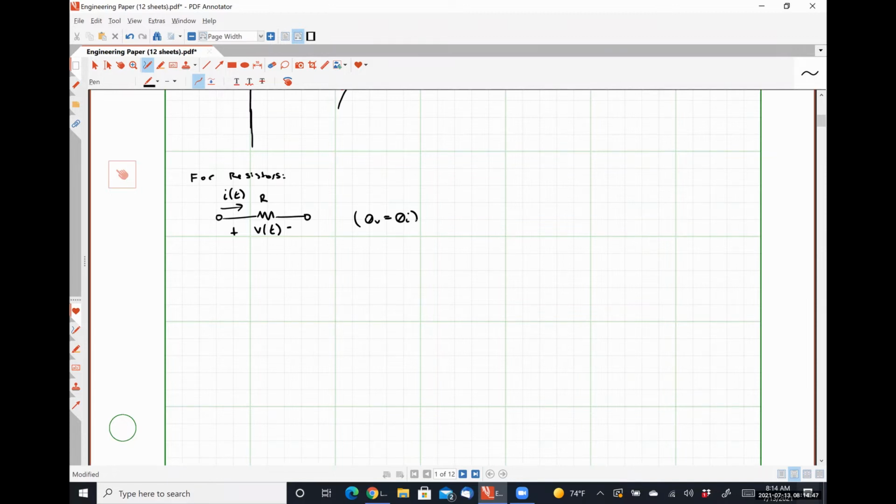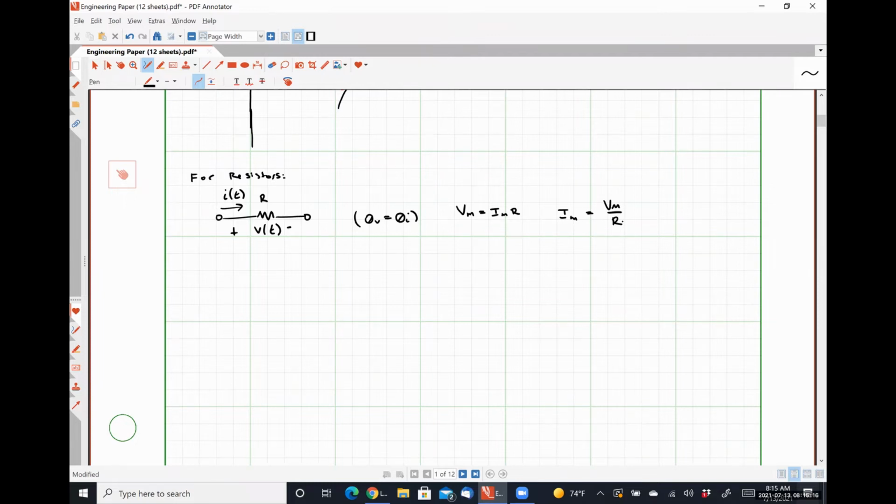Similarly, we know that Vm is equal to Im times R. And we know that Im is equal to Vm over R, right?